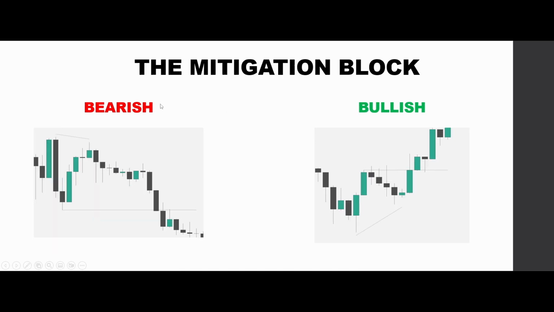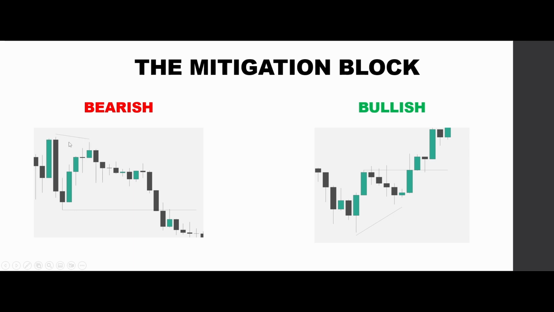Now a mitigation block is basically, if you are familiar with ICT's breaker block, it may look quite similar. However, it's not the exact same because it includes what we call a failure swing. Now, the bearish mitigation block, we have a high put in the market, trade lower, and then as price is reaching for this high, it fails to break the high.